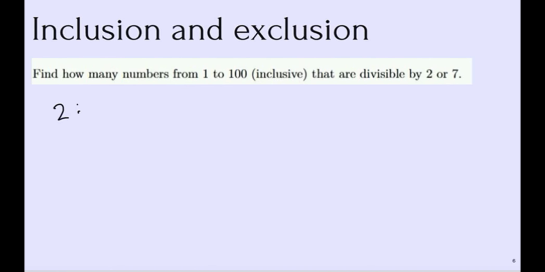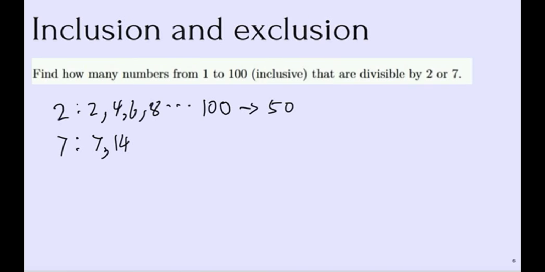From 2, we know that 2, 4, 6, 8, etc. all the way to 100 are all divisible by 2, which is 50 numbers. Pretty straightforward. For 7, there's 7, 14, 21, all the way to 98, which is 14 numbers. So when you add them up, that's 64.